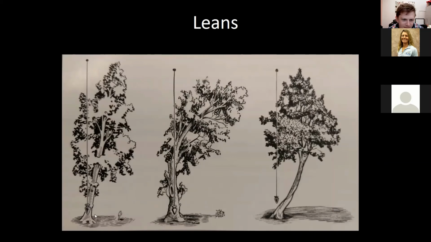Now, what is something that you have to worry about is when a tree develops a lean. The situation on the left-hand side is a tree that over time was probably growing quite straight, but had something happen to it.